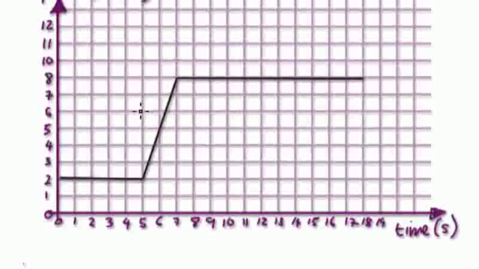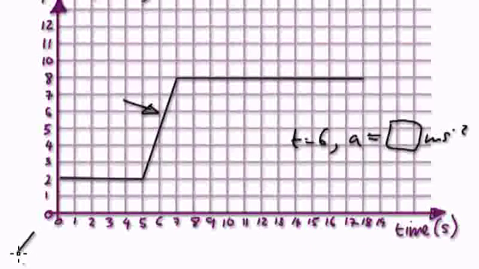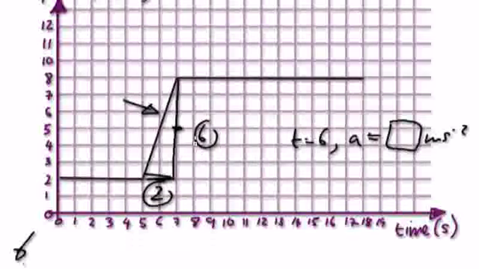Okay, so my next question is, what is the acceleration at, let's say, t equals 6? What is the acceleration? So press pause and have a go. Okay, so the acceleration here is, well, let's just get the height here, which is 6, and then divided by the across here, which is 2.